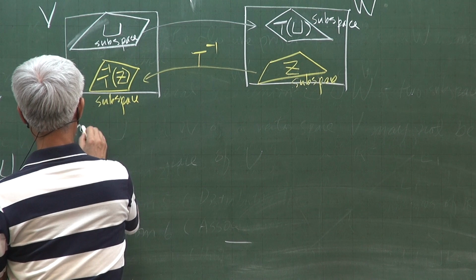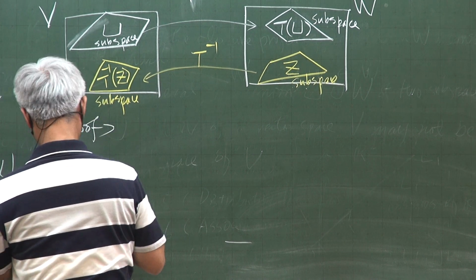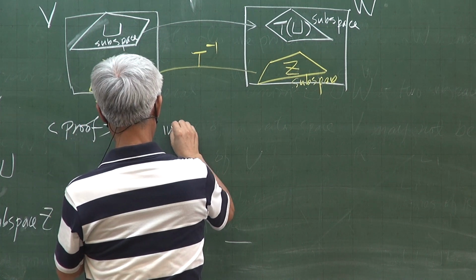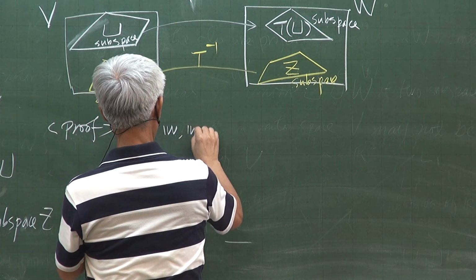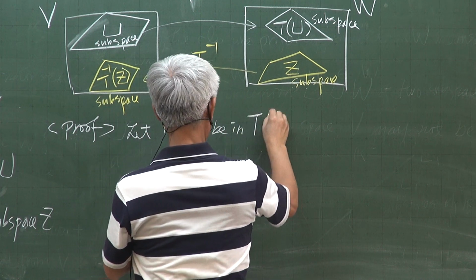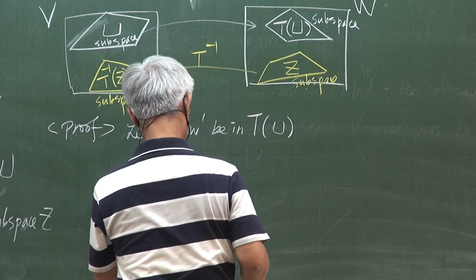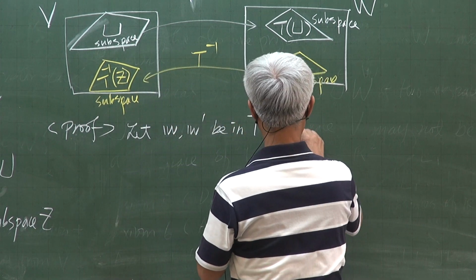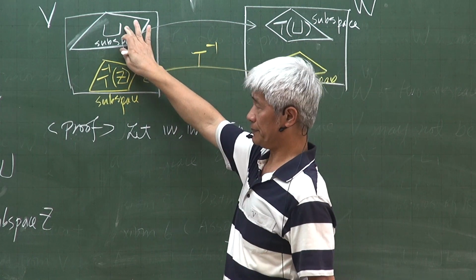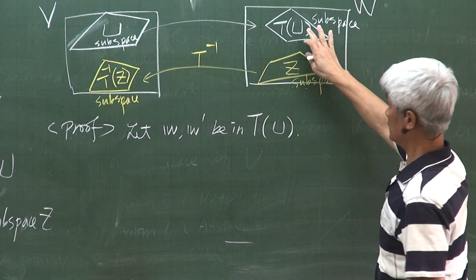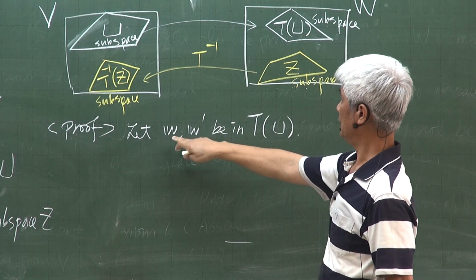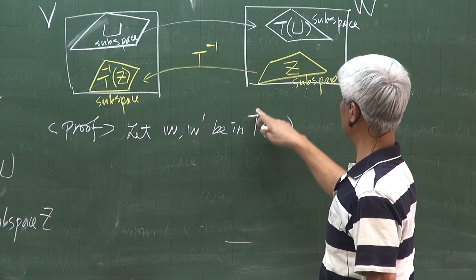Alright, so now to prove this. We want to show that if U is a subspace, then T of U, the image of U, is a subspace of W. So now let w and w prime be in here.